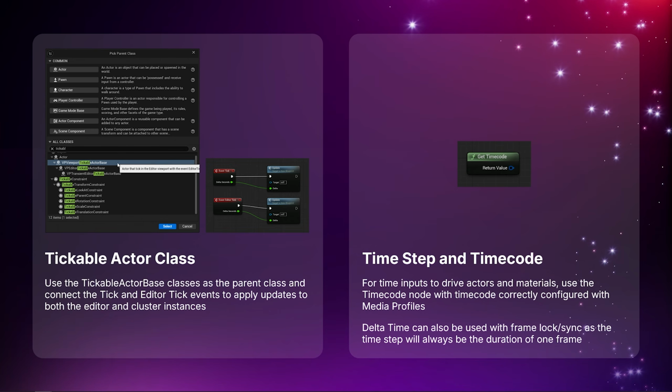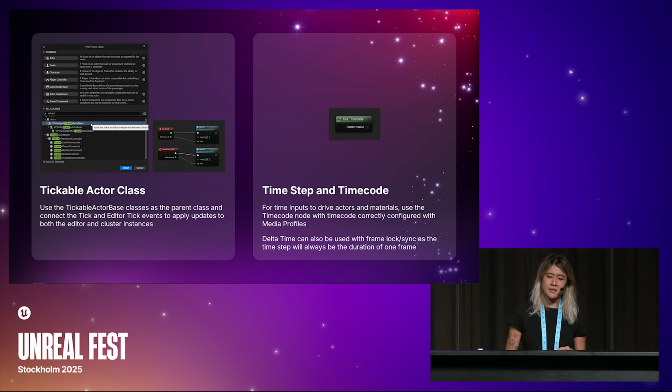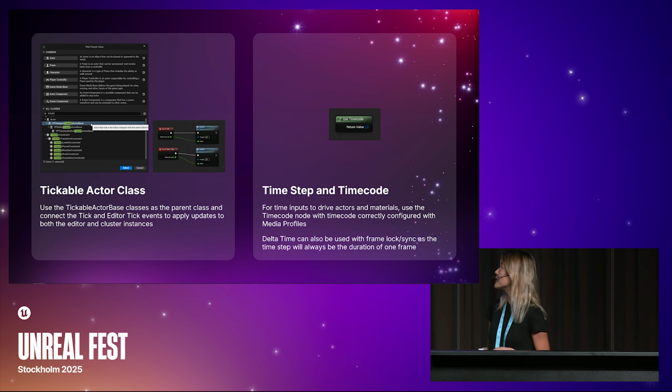Generally, you don't want to have too many actors that are ticking, so you could have one controller using this base class updating a bunch of instances of your actors in the scene. And it's pretty easy to use. It just exposes the event editor tick, and then you can connect that like you would with your regular tick event.